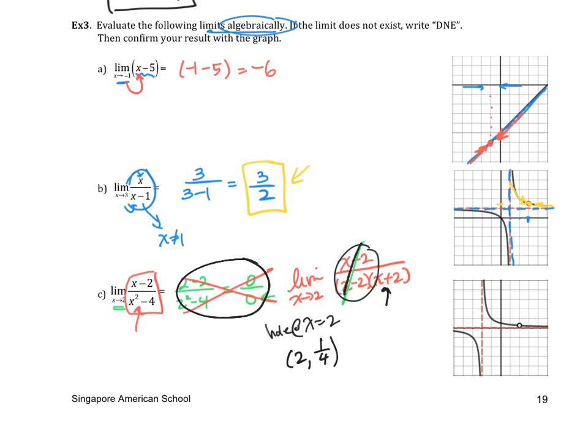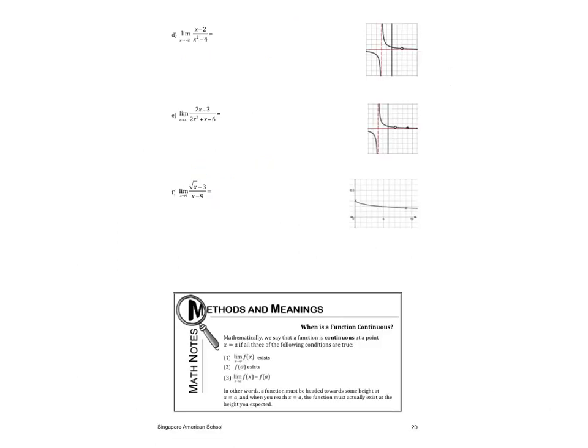So once you cancel that, now you plug in 2, and so we can see the limit as x approaches 2 from the left and from the right, and we can see here from our graph as it approaches 2 actually does exist, and that value is 1/4. So that is 2, 1/4. So the limit as x approaches 2 is 1/4. A hole.